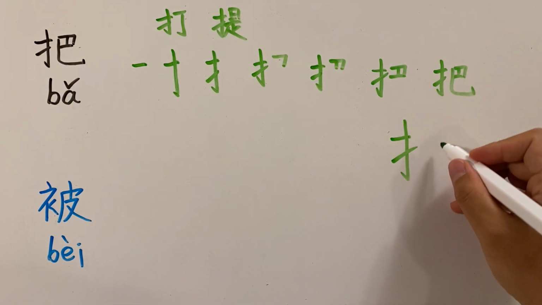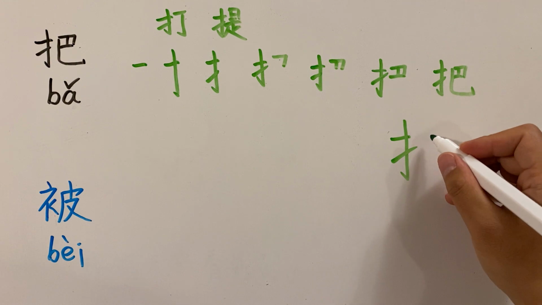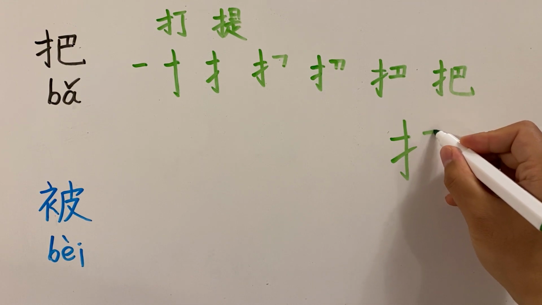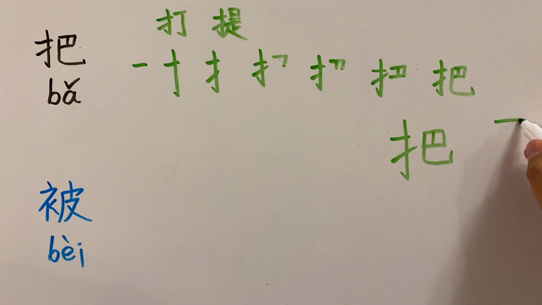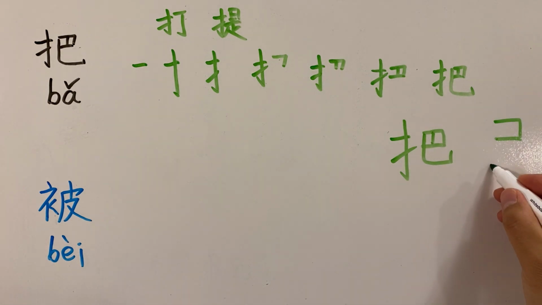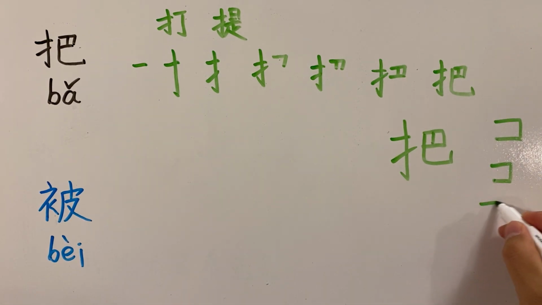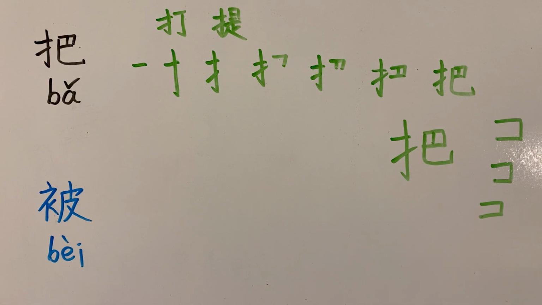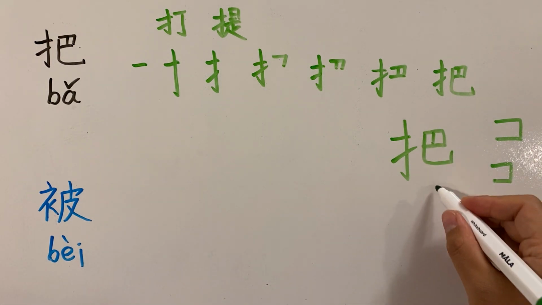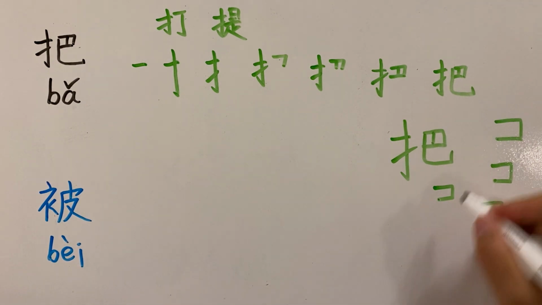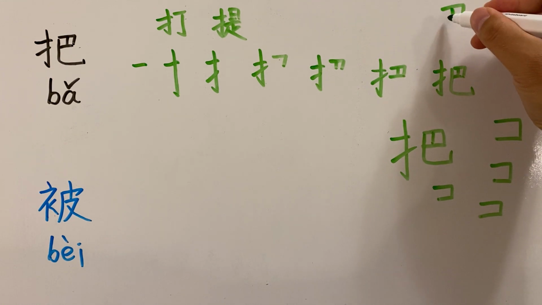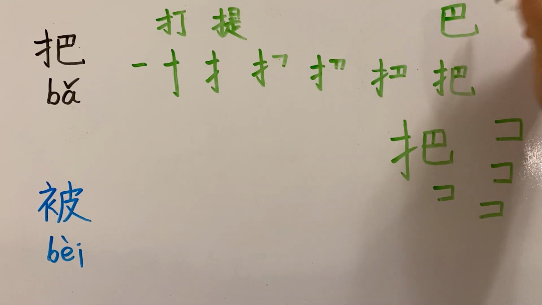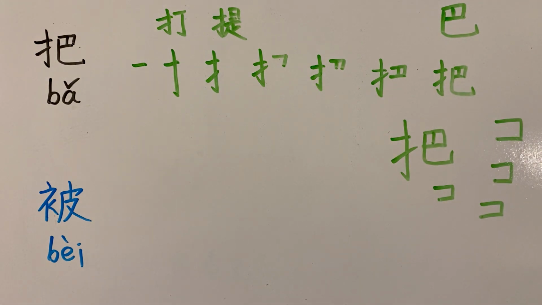The left part is right, but the right part, my son writes it like this. It seems he wants to save some energy. So every time I correct him: don't write it like this, write it like this. This part needs a lot of training.